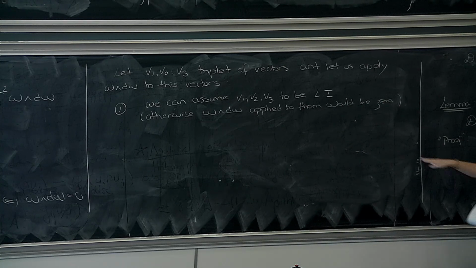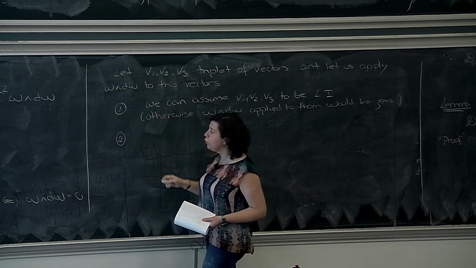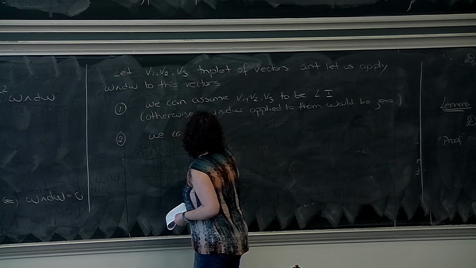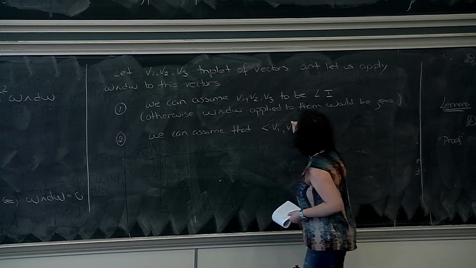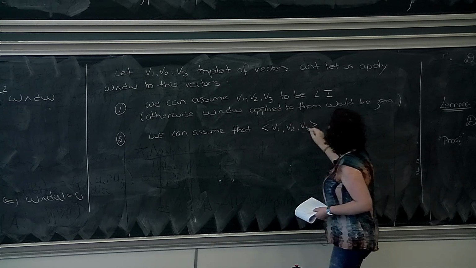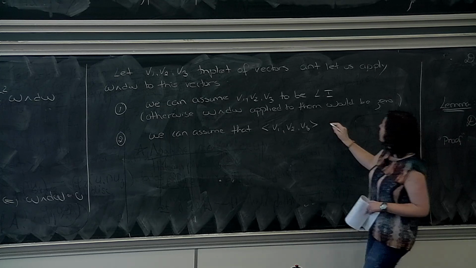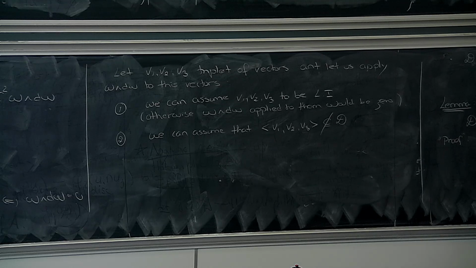Okay. We can also assume that the linear space defined by V1, V2, V3 is not contained in the distribution. Okay, why?